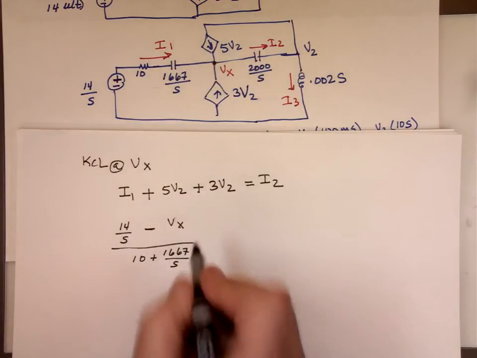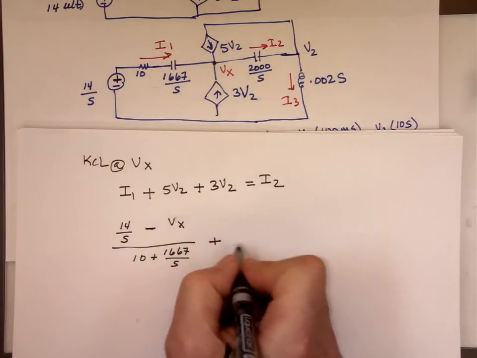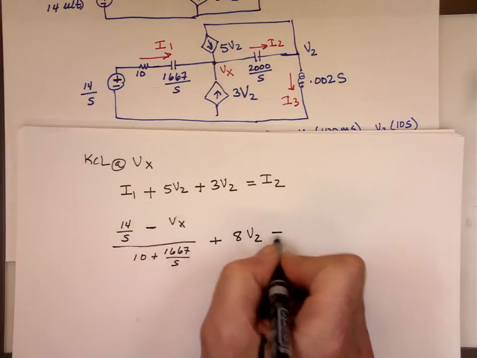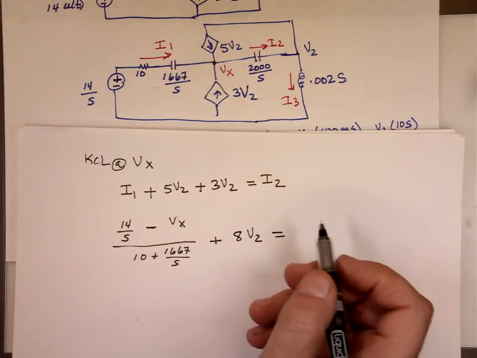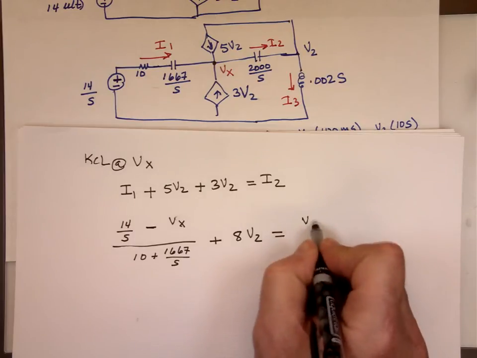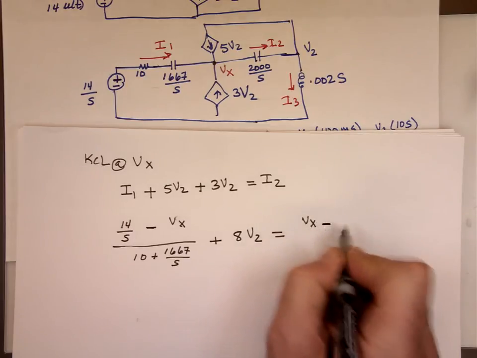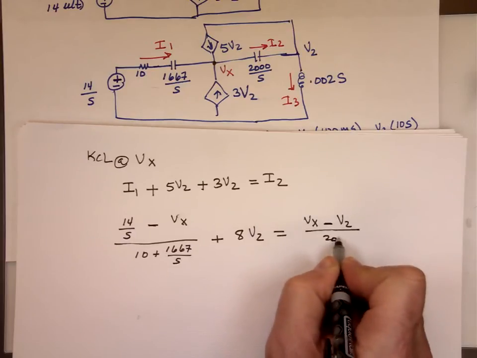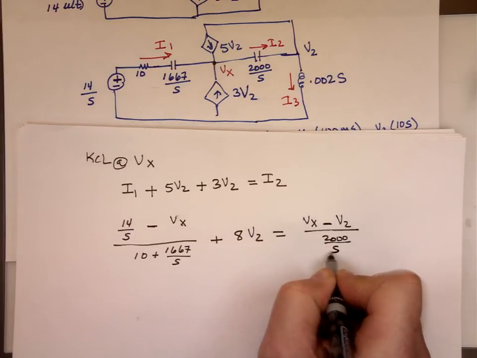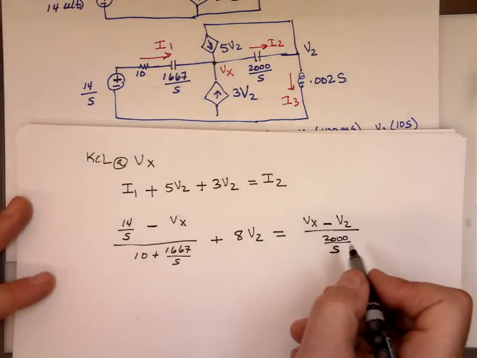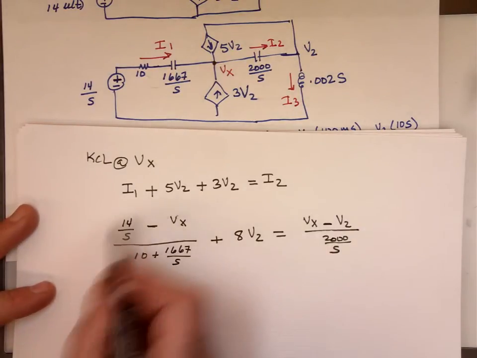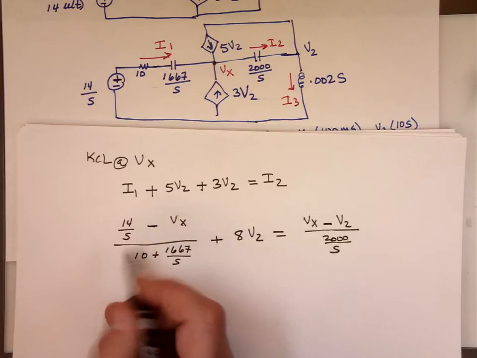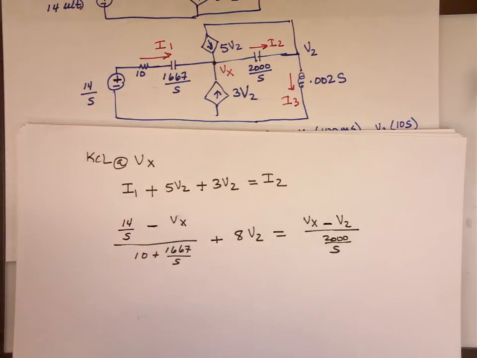I can make that 8V2 instead of 5 and 3. And what is I sub 2? It's Vx minus V2 over 2,000 over S, right? Now, if I multiply everything by S here, the top and the bottom of this fraction, just this fraction, I can clean it just a little bit.